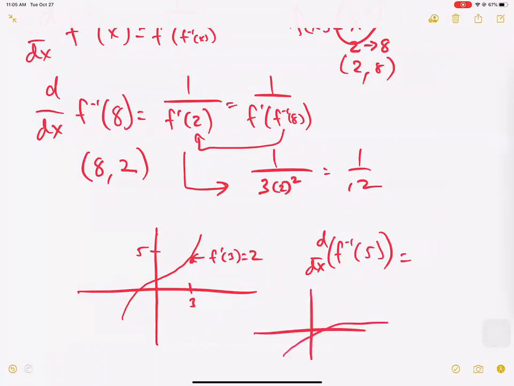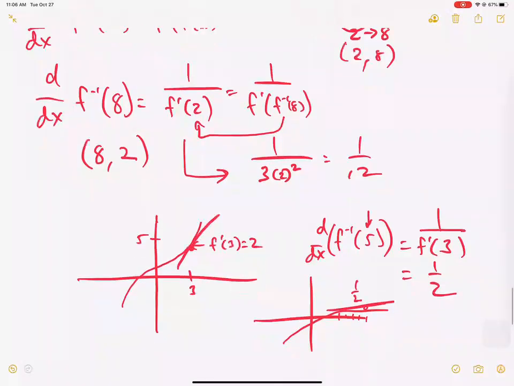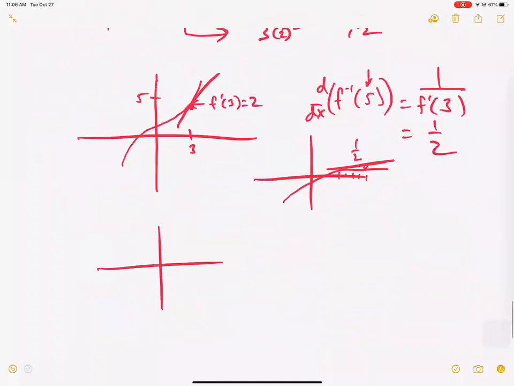Inverse graph looks something like this maybe. What's the slope going to be? It's 1 over f prime of, if you give me 5, you give me 3 instead. And what's the derivative at 3? 2. 1 over 2. If this is 2, this is 1 over 2. So the idea is, whatever function you end up with, the inverse function's derivative is always just 1 over the original value.